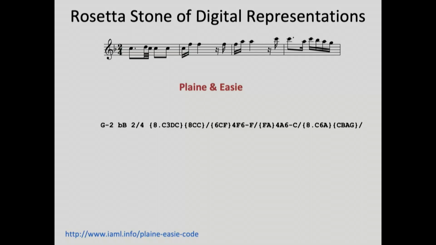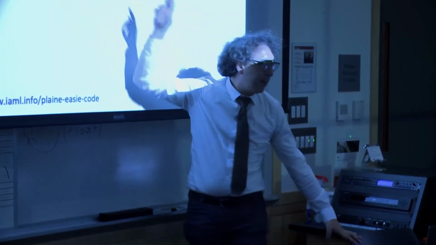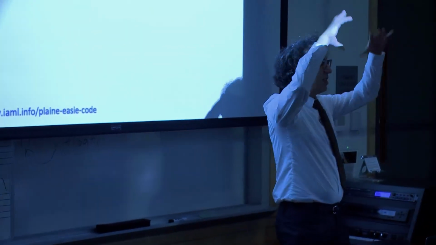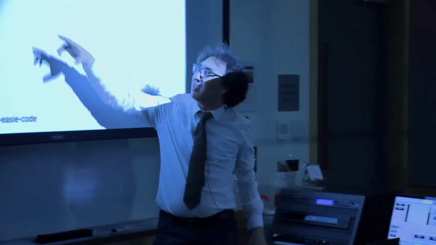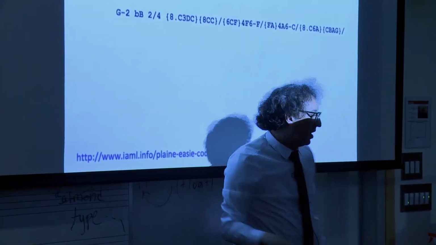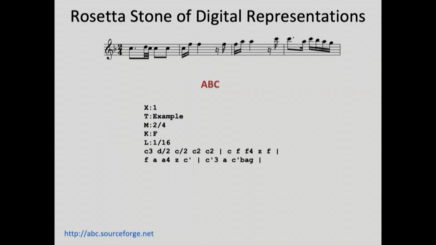For instance, in this case, beams are high-level things. They are represented by these braces, and so therefore they enclose things. Beams, in this case, seem to have a meronomy that beams have notes, not notes have beams. So we'll try to see some of these things.